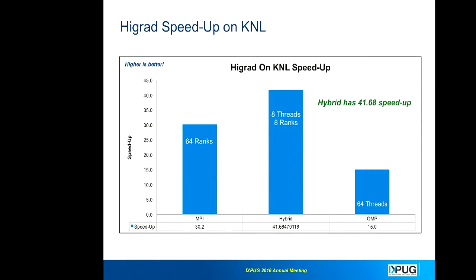Why is pure OpenMP the worst? Well, it's because of the NUMA effects. At some point it's just not good to overload it, so it's on one tile or on one node, and once you get past that you get all these NUMA effects, and the performance goes down a lot.